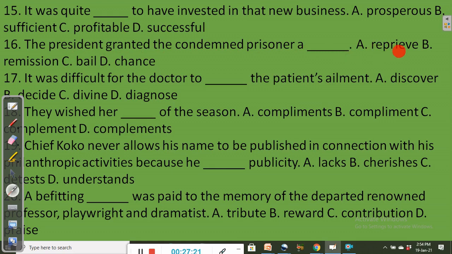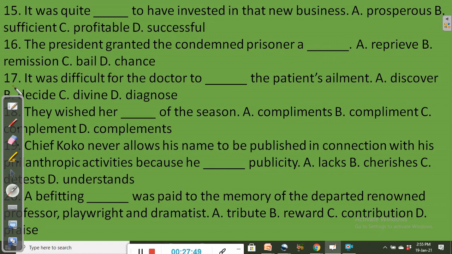That is a reprieve. When you talk of remission, that's more religious. That's forgiveness of sins, which is more spiritual than physical. Then bail can only happen in a police station or in a court. And chance is something that doesn't belong to this context at all.